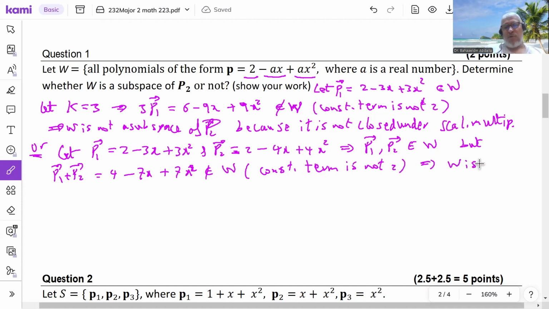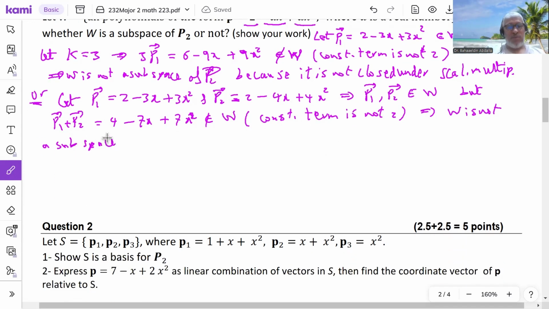Then W is not a subspace of P2 because it's not closed under addition.